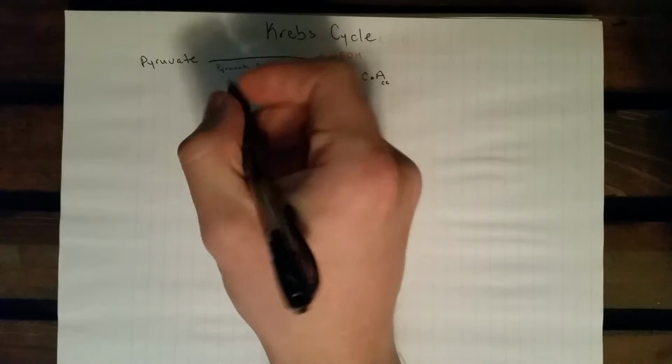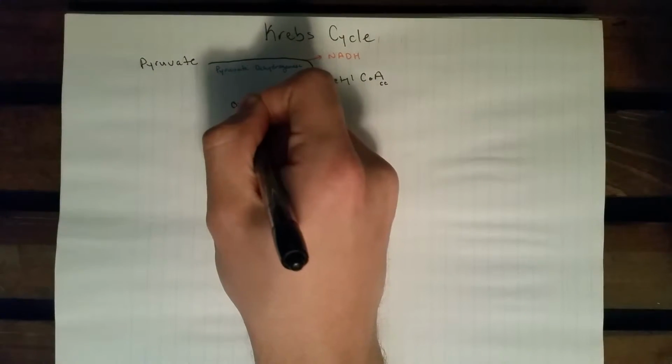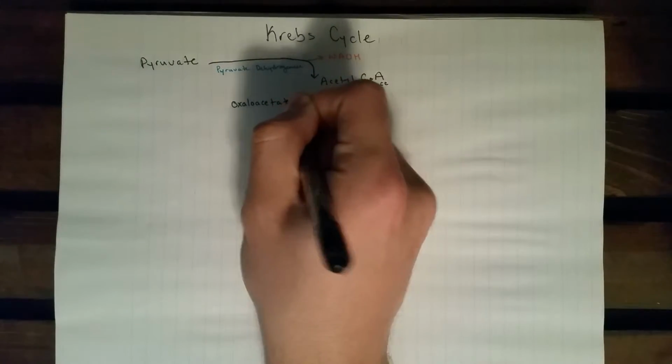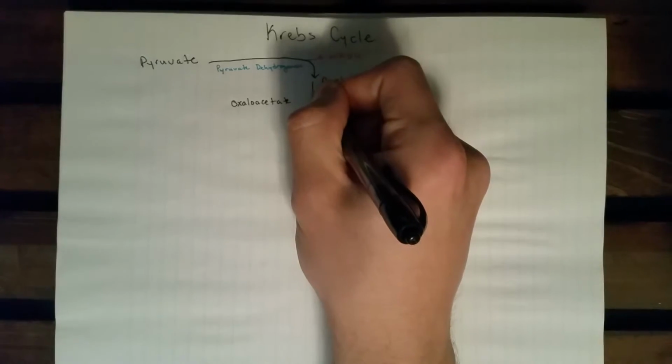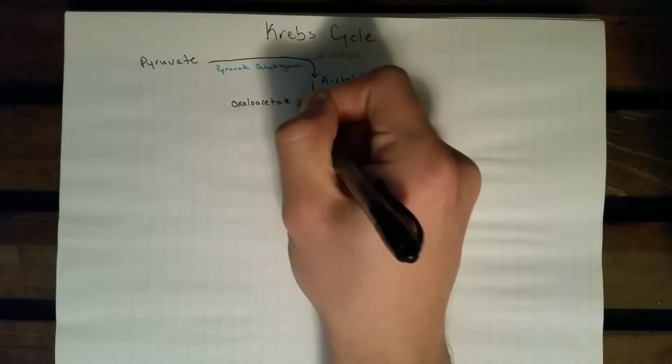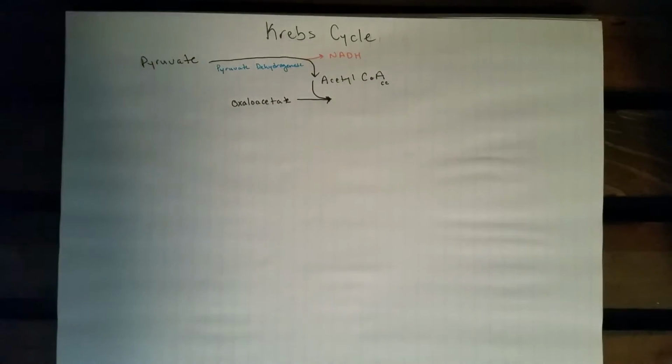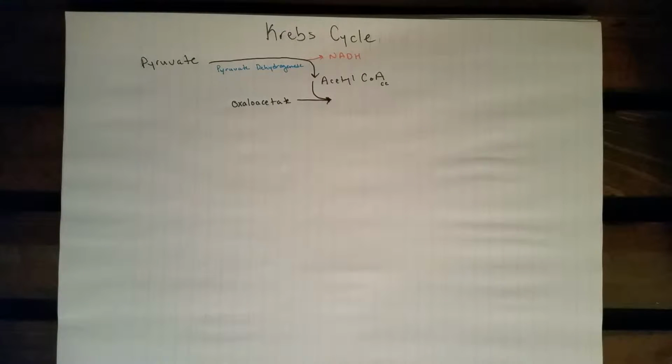And the acetyl-CoA will enter into the Krebs cycle and join up with oxaloacetate right here, as you can see. Alright, good.